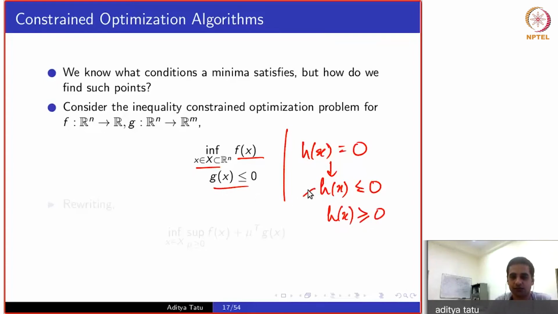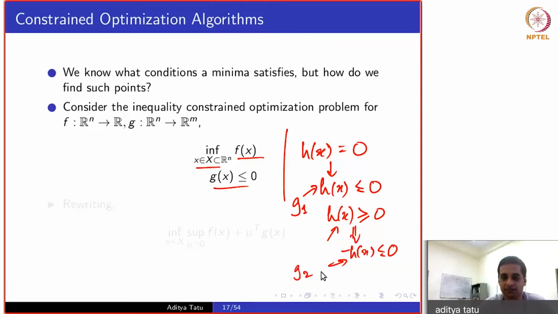So this would be your one inequality constraint, and this can be rewritten as minus h(x) is less than or equal to 0. So your minus h(x) would be your second inequality constraint. Okay, so in general, I'm going to look at only inequality constraints. The algorithms are a little different, but not much.